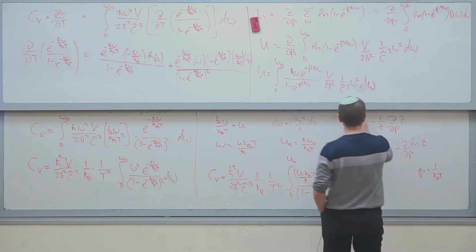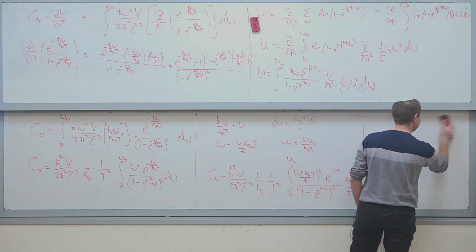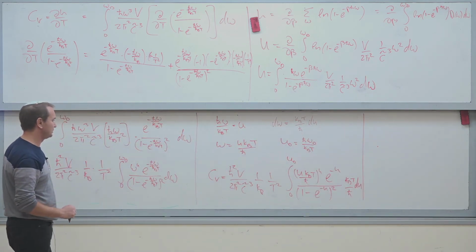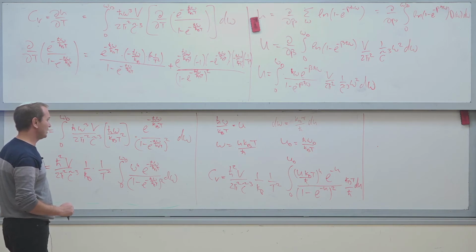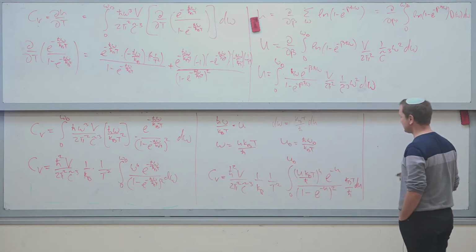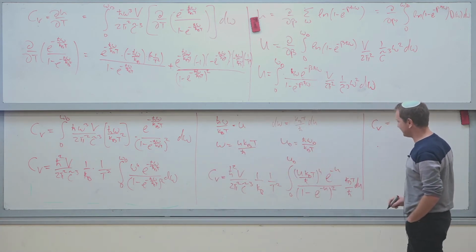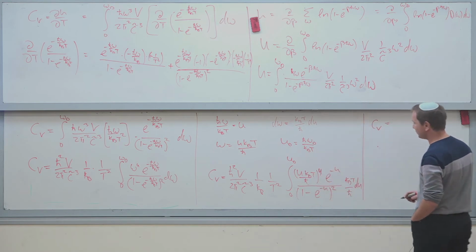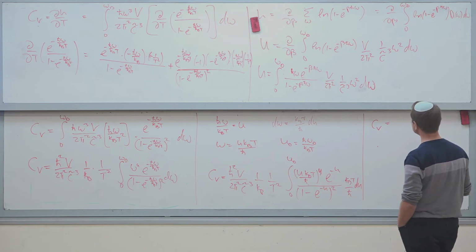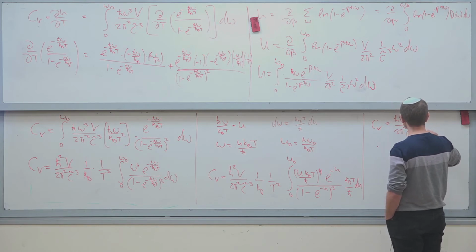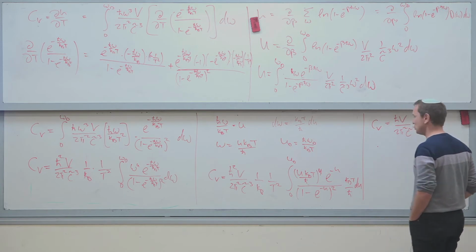Still ugly, but we are almost there, I hope. Let's take whatever is independent of u outside of the integral. So C_V equals h bar V over 2 pi squared c tilde to the third, 1 over k Boltzmann, 1 over T squared.